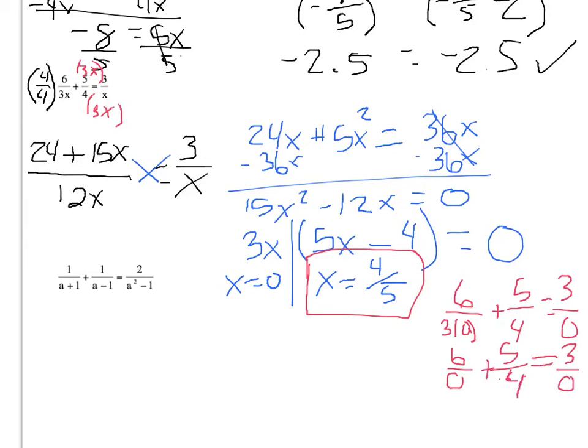We've got a problem. You are not allowed to have a 0 in the denominator. When that happens, the answer doesn't work, so you cross it off. And again, if you were to check 4/5, it would work. I'm just going to try to save us time and just show you that x equals 0 doesn't work. That's why I crossed it off.